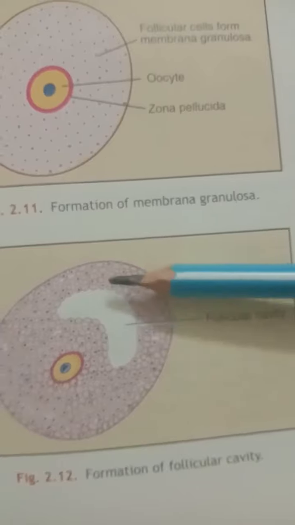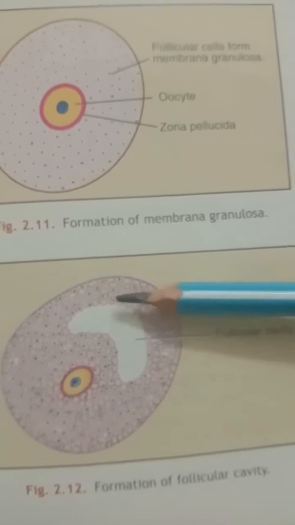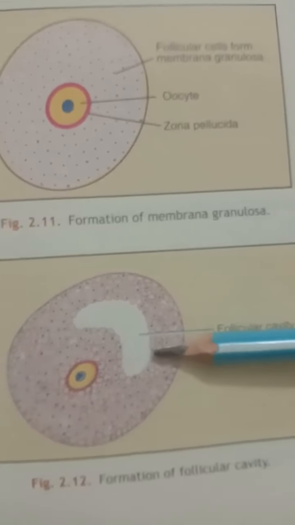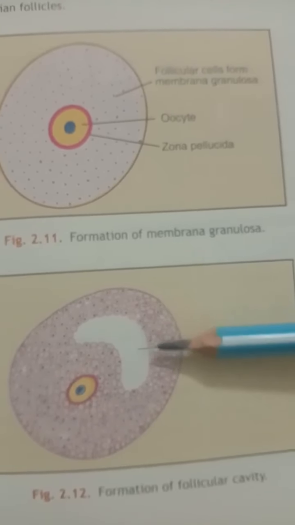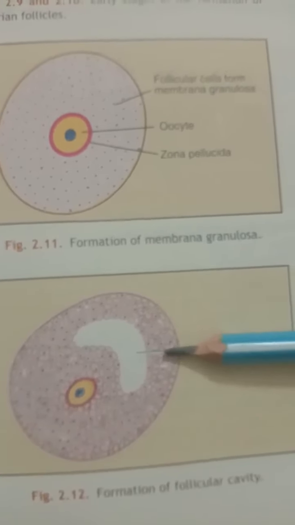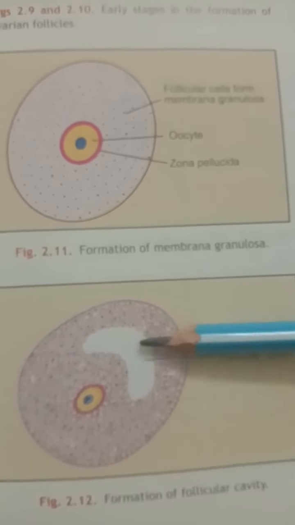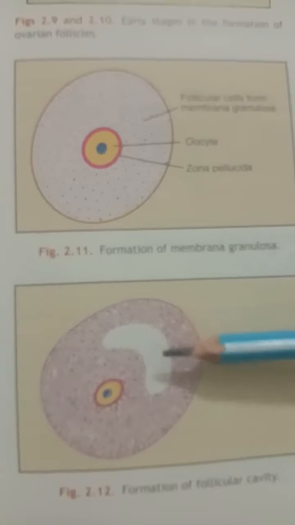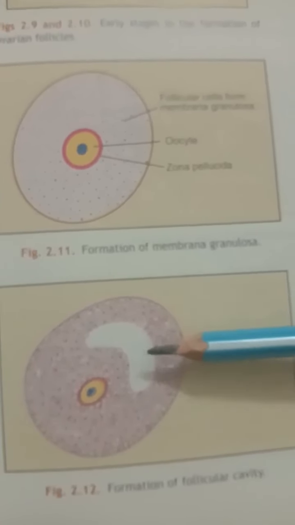The cavity of the follicle rapidly increases in size, and as a result the wall of the follicle becomes relatively thin, and the oocyte lies eccentrically in the follicle, surrounded by some granulosa cells that are given the name cumulus oophorus, and the cells attached to the wall of the follicle are given the name discus proligerus.